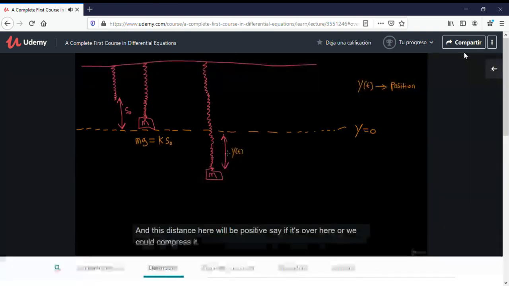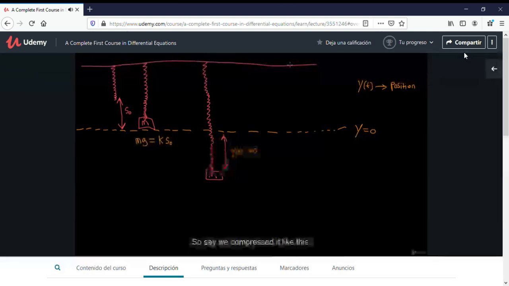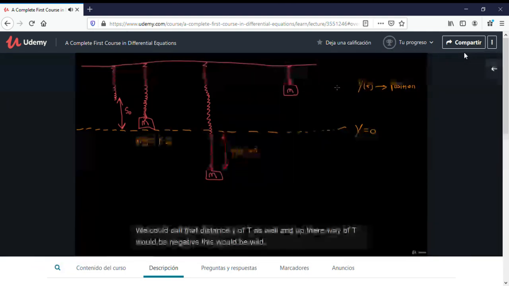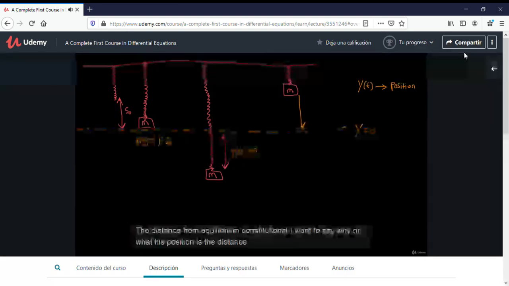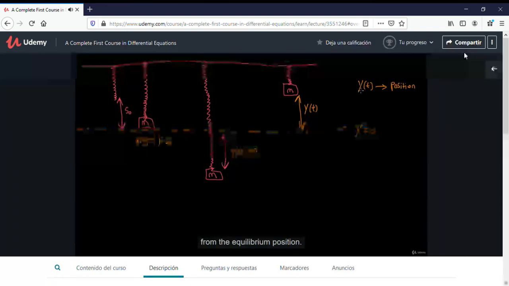This distance will be positive if it's stretched, or we could compress it, like this, and y of t would be negative. Just remember that when I say y of t's position, it's the distance from the equilibrium position.